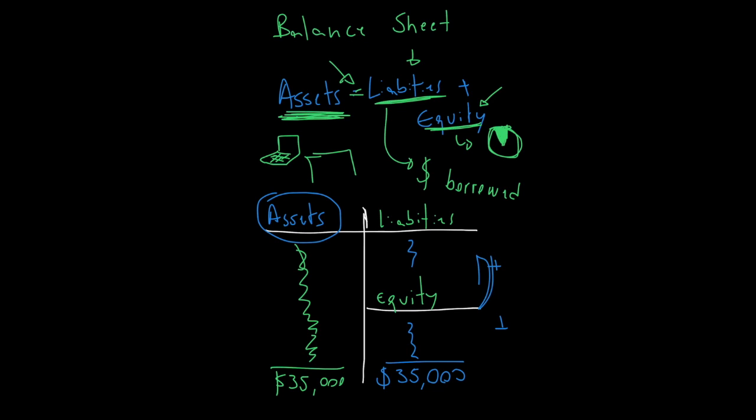So here again, Apple. Here is the balance sheet for Apple Inc. Assets here, we were talking about assets. Assets is broken down into current assets, which are assets that are more liquid.